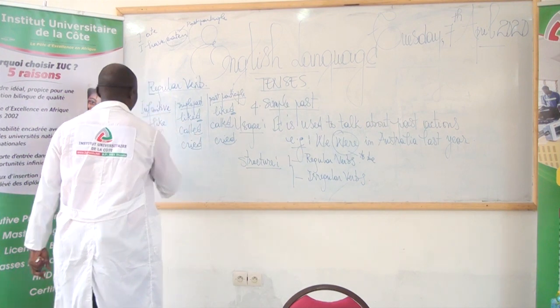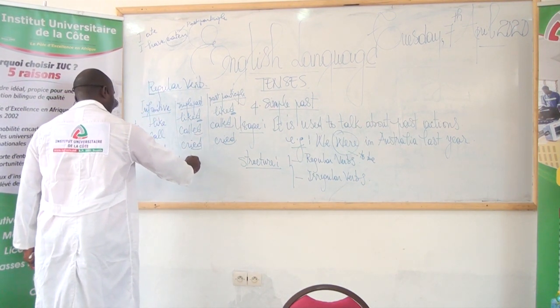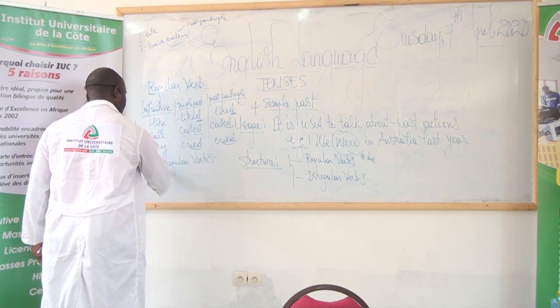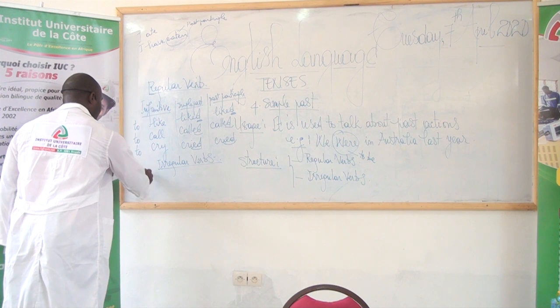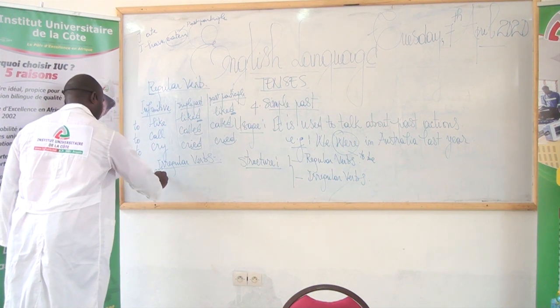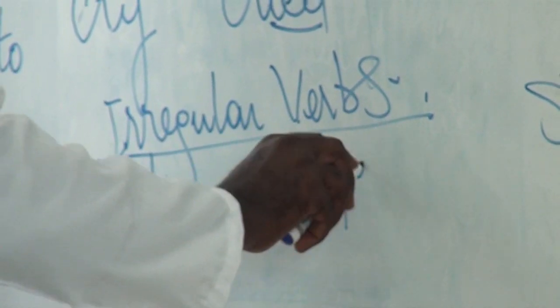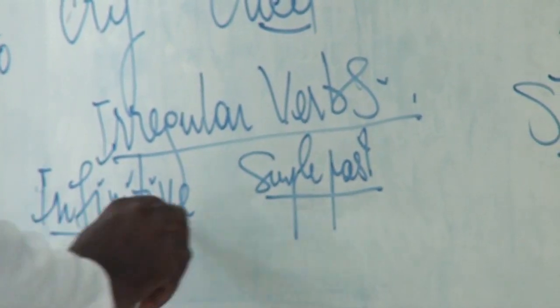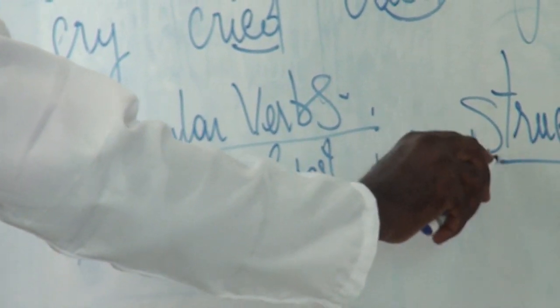Now, we are going to continue with the case of irregular verbs. Okay. Here we have infinitive. Here we have simple past. And here we have past participle.